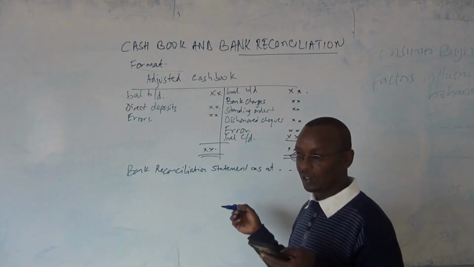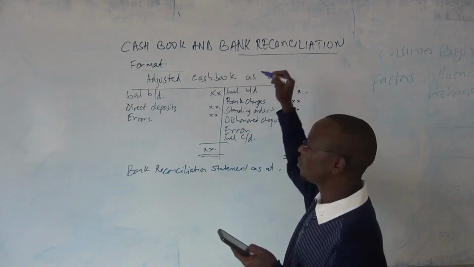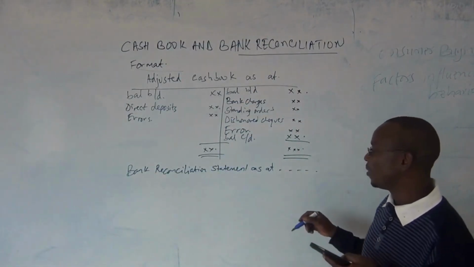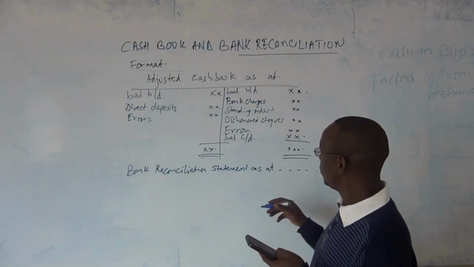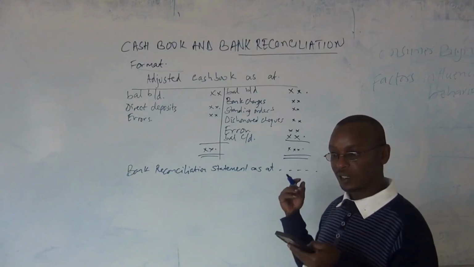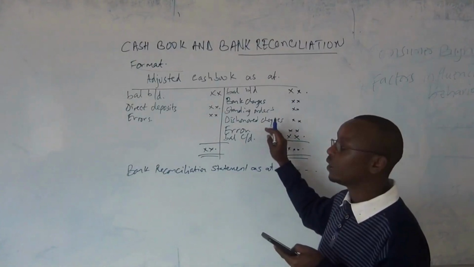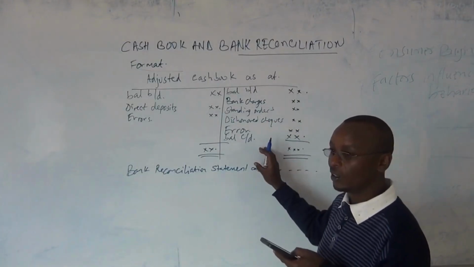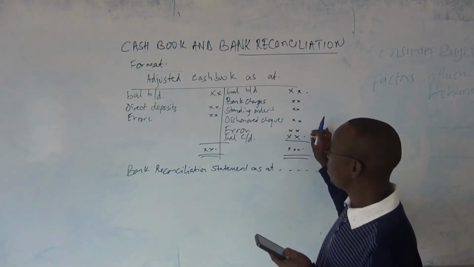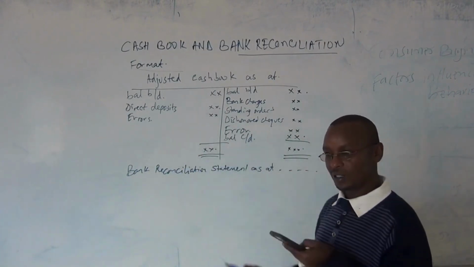Even this one, it has a date. It's not the same as March. So our bank statement is there. You have compared it with your cash book and found out this. And then you have come up with a new balance carried down. It can be on either side.